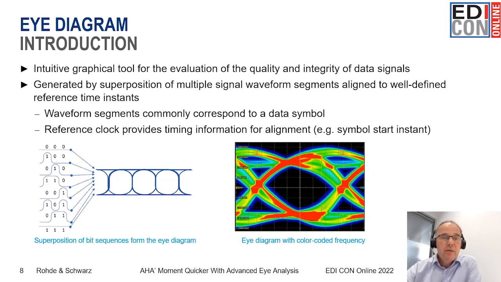So I need some timing information, either a separate clock signal or a reconstructed embedded clock signal, to have really an isolation of my individual bits, and all the individual bits are then overlaid on each other so that I get an eye diagram like you see it here in the middle of the picture.